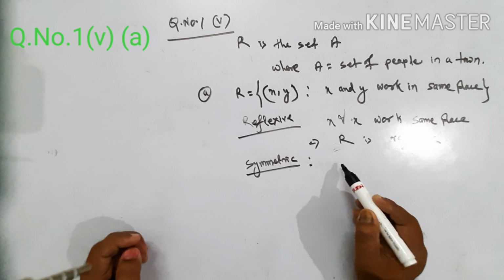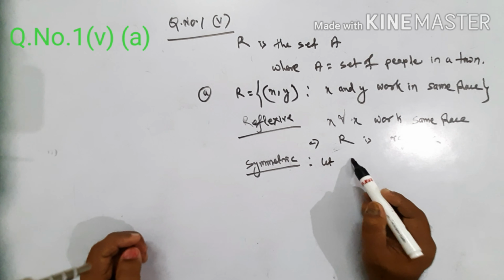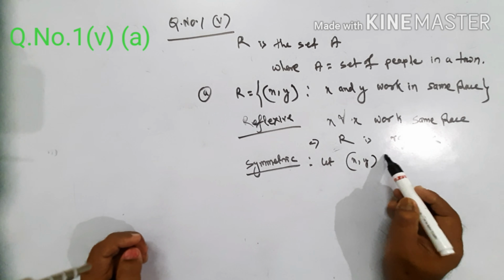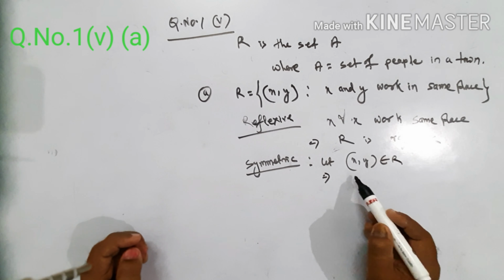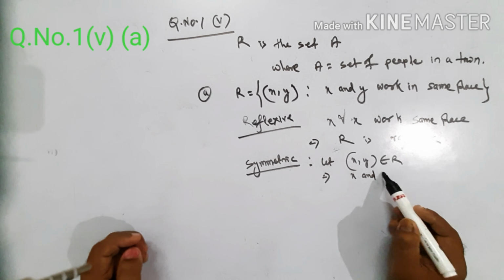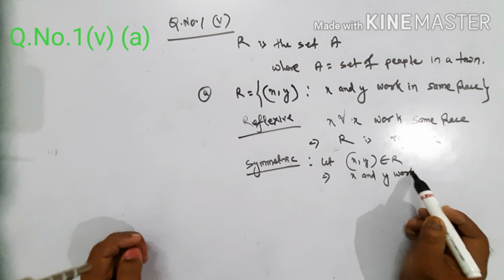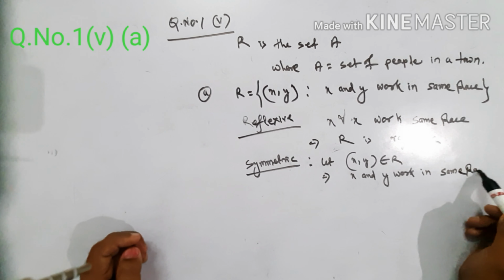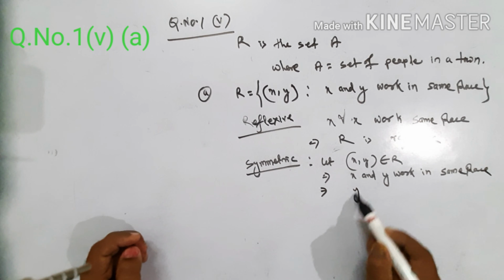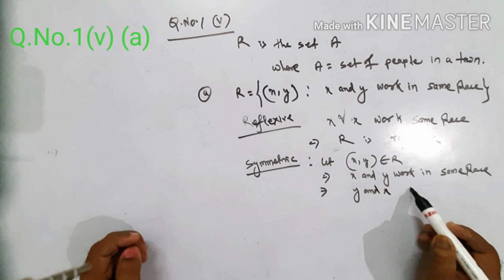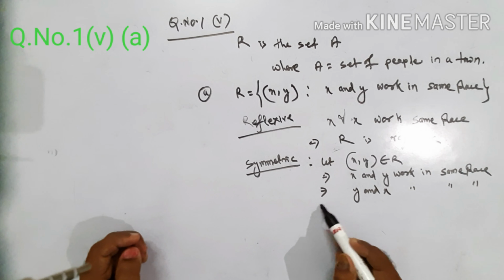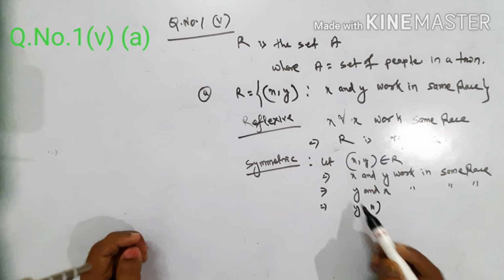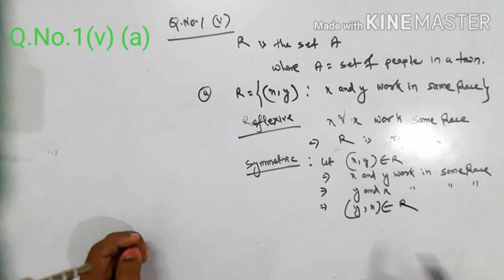That is, let (x, y) belong to R. This implies x and y work in the same place. That means y and x also work in the same place. That means (y, x) belongs to R. This implies R is symmetric.